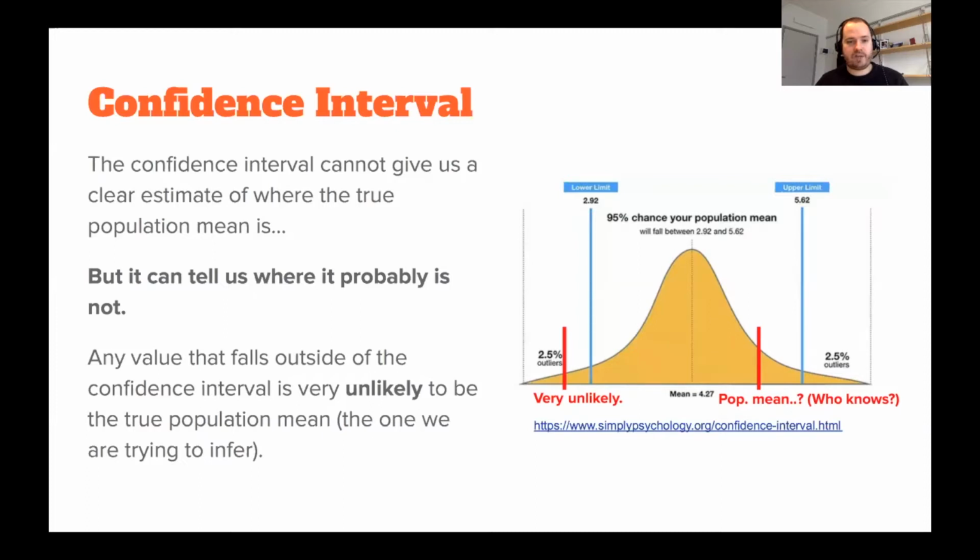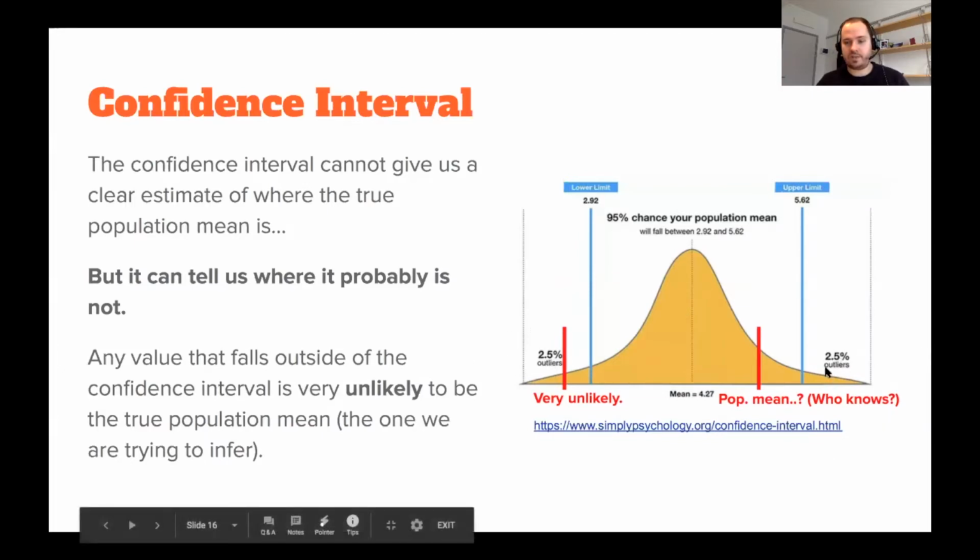So the idea about hypothesis testing is that you're going to try to find out whether, given the hypothesis that you have, the data that you observed is really unlikely, and by really or very unlikely, I mean anything that is beyond, for example, two standard deviations or two standard errors away from the center. So anything that's to the left of this lower limit or to the right of this upper limit is very unlikely to happen.